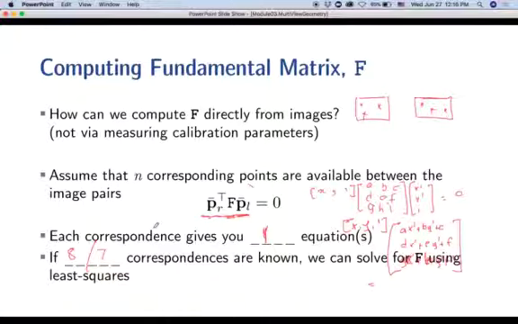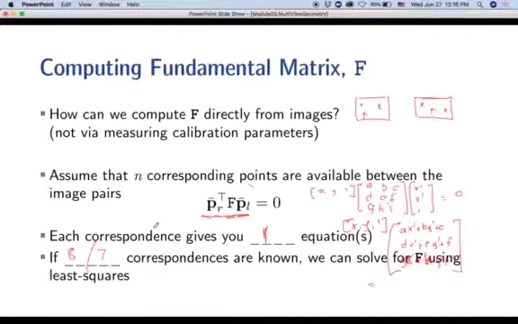So it is not going to be a simple unconstrained optimization problem like what we have done before. I have to solve this least square problem subject to the constraint that rank must be 2. That's a bit more complicated mathematically than the normal least square solution we have been doing.